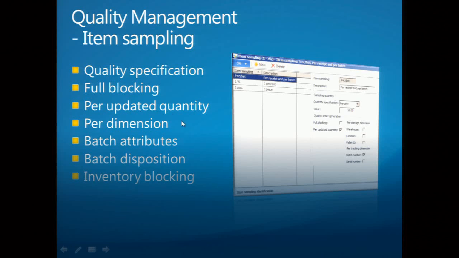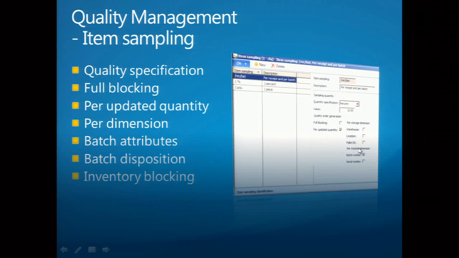Okay. So per updated quantity, this means do you want a quality order generated for every update, or do you want just one quality order? It's just the 60-40 that I just talked about from the purchase order. It's more than that. Per dimension, you can choose which dimension you want to raise quality orders on.